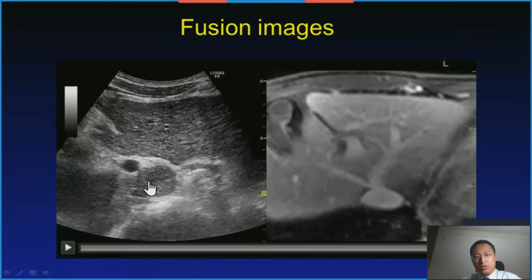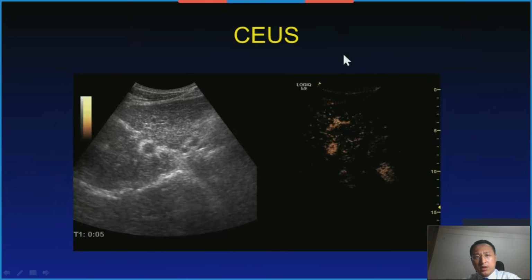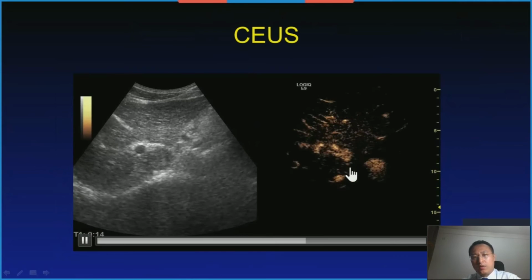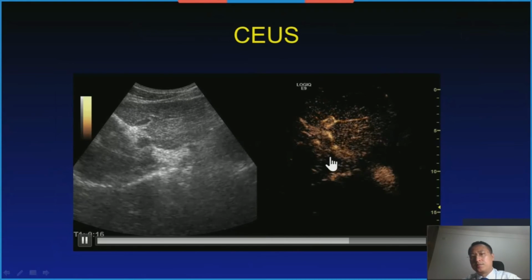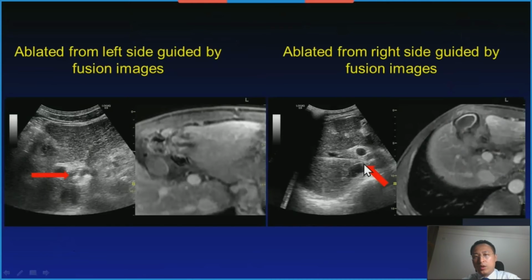This lesion had two TACE treatments, and the patient had a contrast enhanced ultrasound. We can see the tumor still has artery supply. First, we inserted two antennas through the left side into the caudate lobe, guided by fusion images, and then we used a single antenna through the right side.